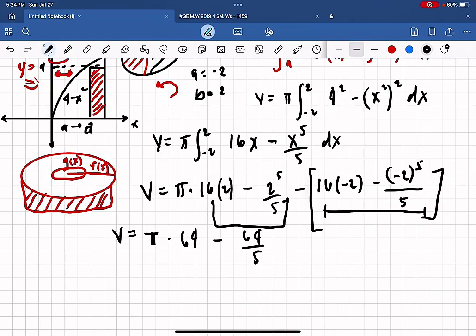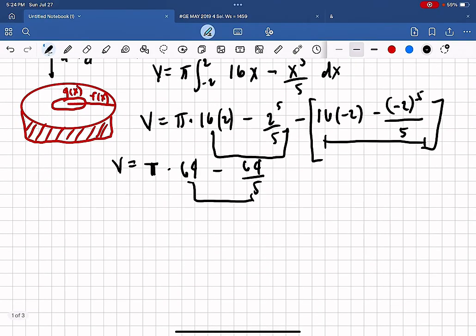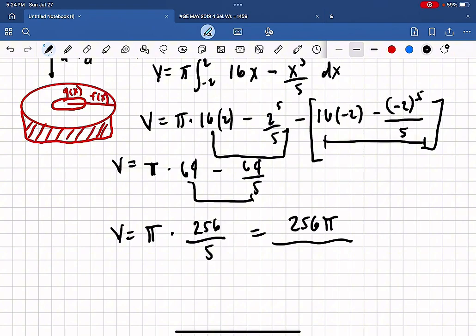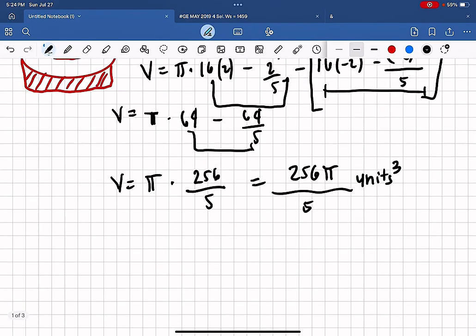So this gives us pi multiplied by 256 over 5, or equal to 256 pi over 5 cubic units.